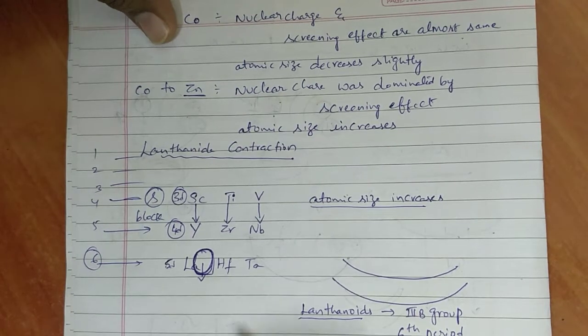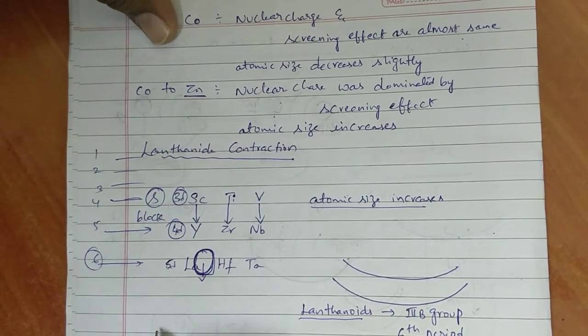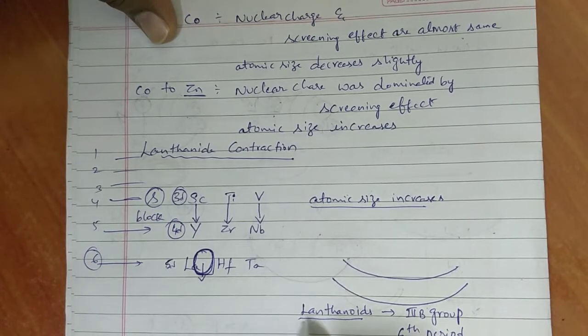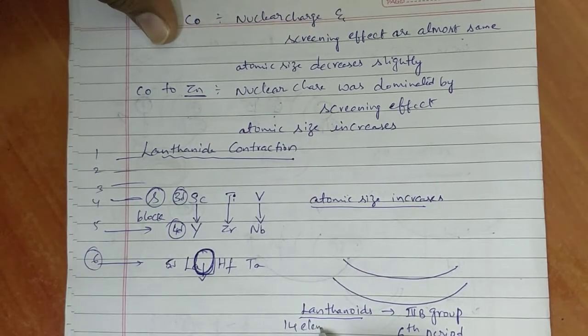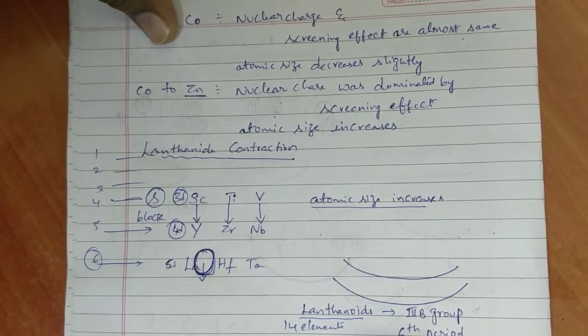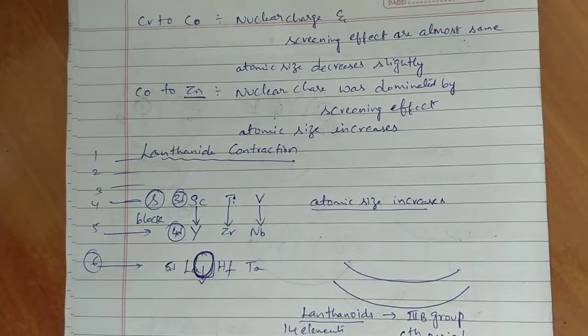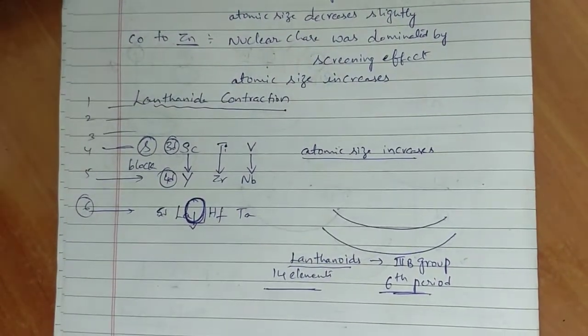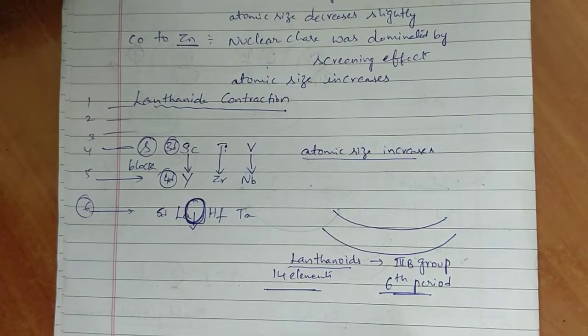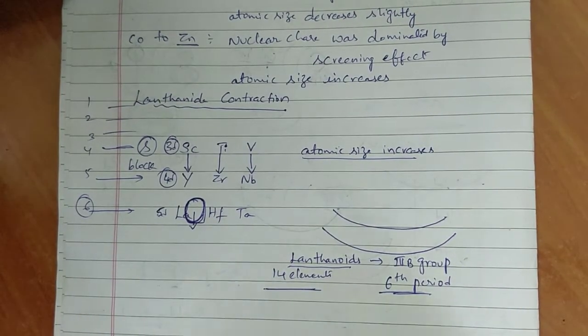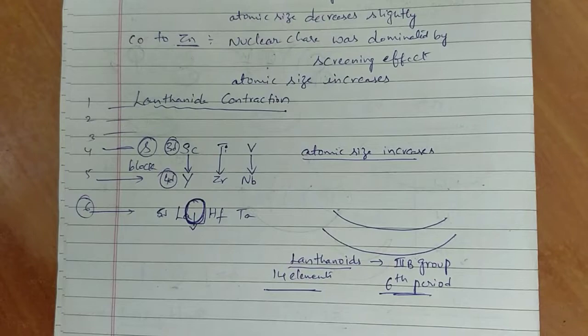Even though they are separately represented under the periodic table, 14 elements are there, lanthanides. We have written that 14 elements horizontally, but they are belonging to the same group only. They are not belonging to period.